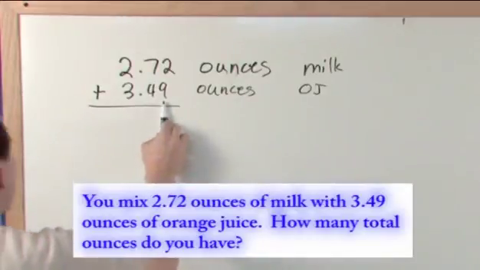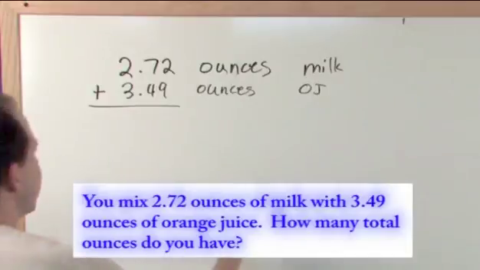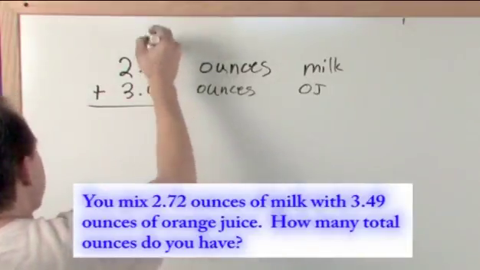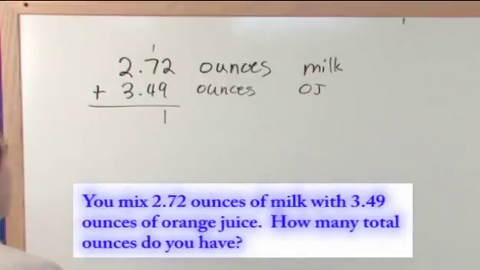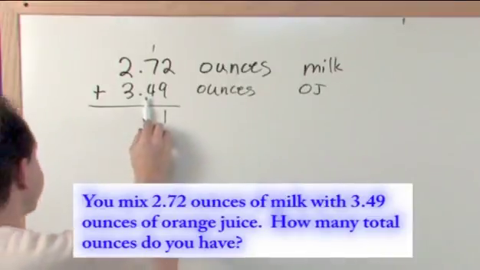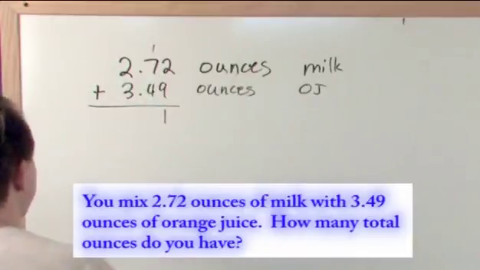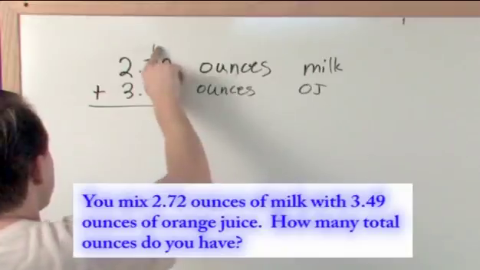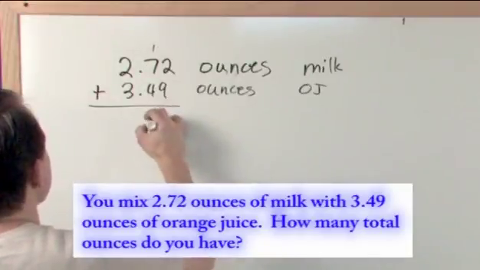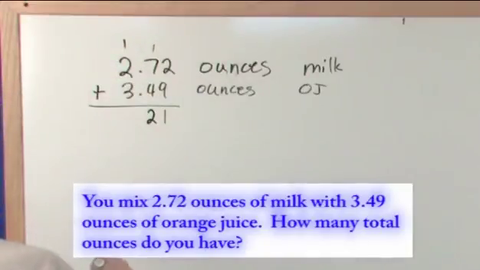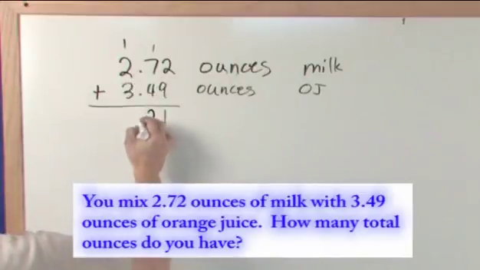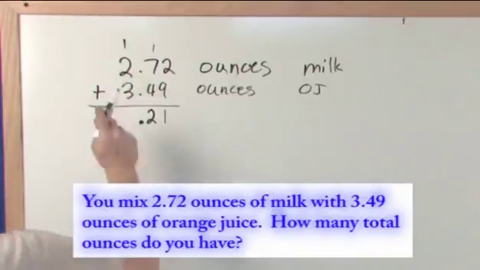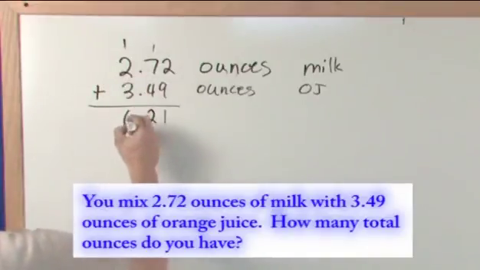So starting in the right-hand column, 9 plus 2, starting at 9, 10, 11. So I'm going to put the 1, carry the 1, because I have to put 11 down there. Move on to the next column. 7 plus 4, starting at 7, 8, 9, 10, 11, plus 1 more gives me 12. Put a 2, carry the 1. My decimal point just falls right on down there, and now I move on to this column. 3 plus 2 is 5, plus 1 is 6.